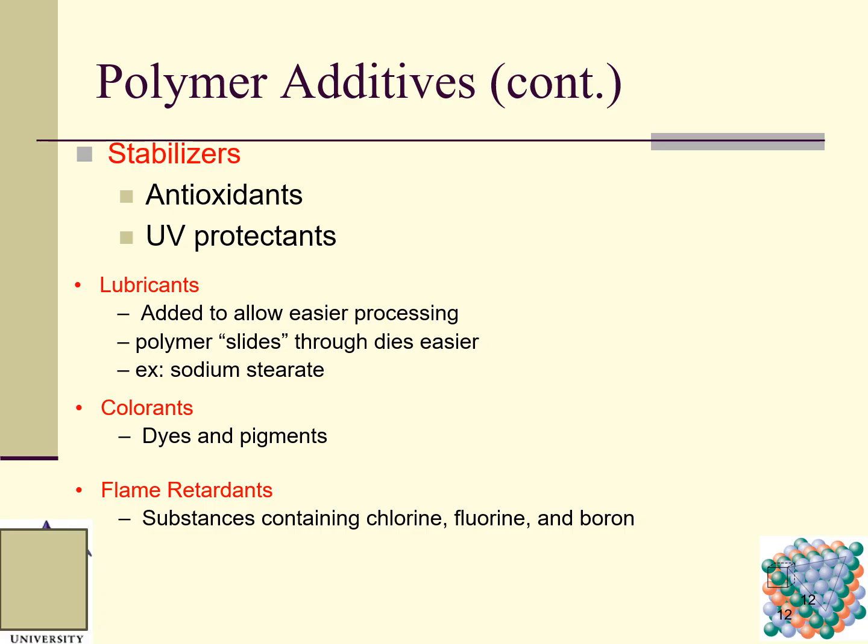So for that kind of polymer, we need to add these flame retardants. As I said, substances containing chlorine, fluorine, or boron can retard the flame. If there's a fire, the materials are not easy to catch fire. So this is very, very important for safety and security.